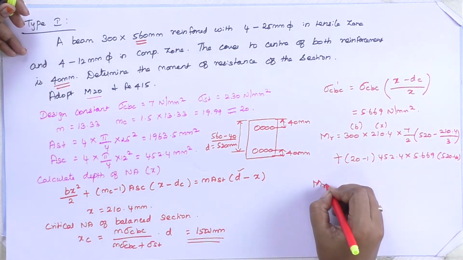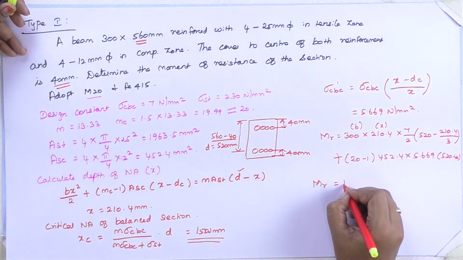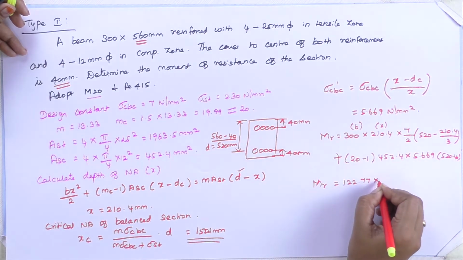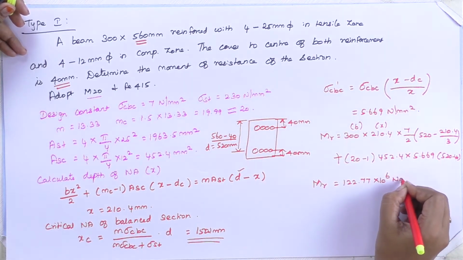You will get MR as 122.77 into 10 power 6 Newton mm.